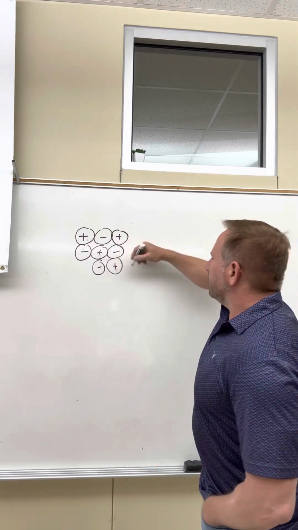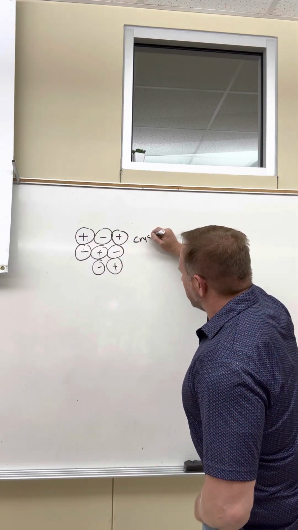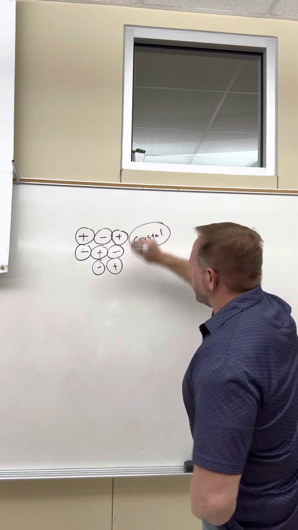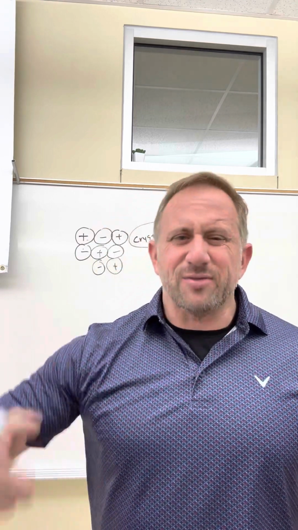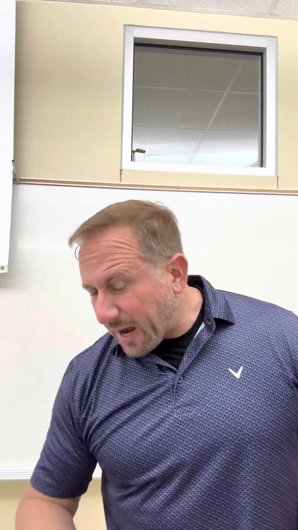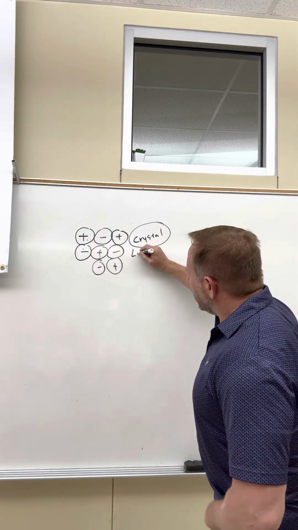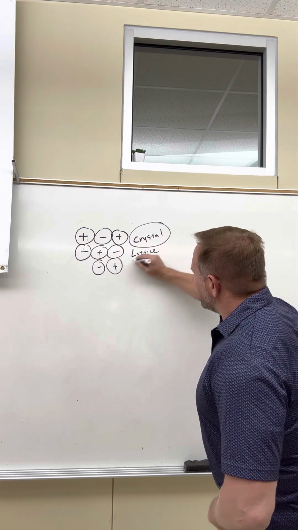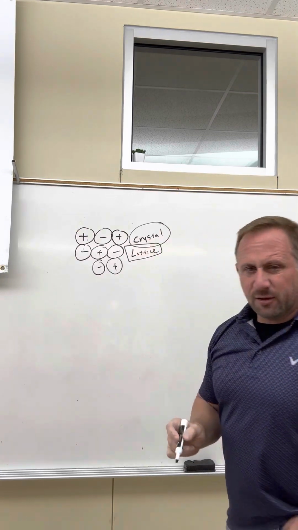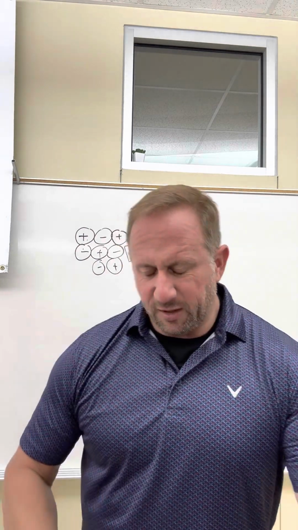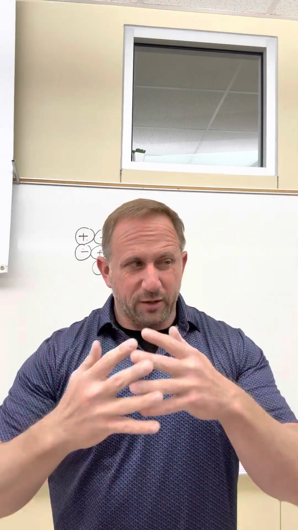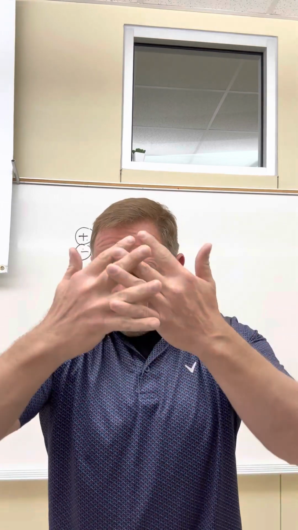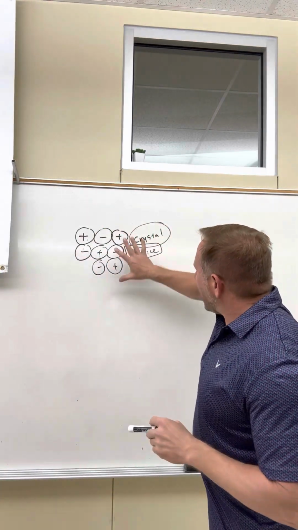And this regular repeating pattern is starting to form a crystal. So that is a crystal. And a regular repeating pattern forms what we call a lattice. A lattice is like what I typically think about that you put on the side of your house, like roses grow on. It's a regular repeating pattern, a lattice work, but this is a lattice.